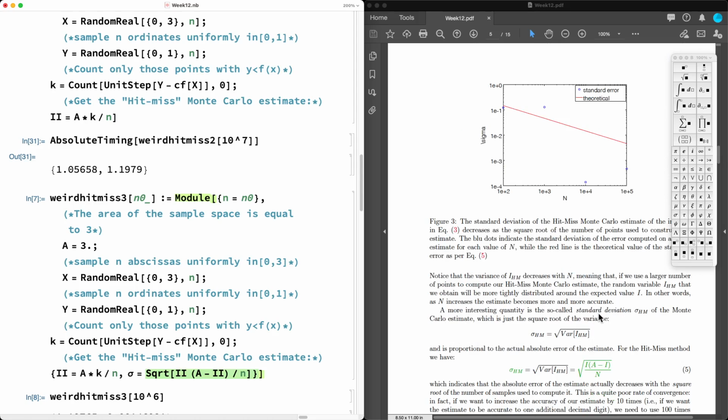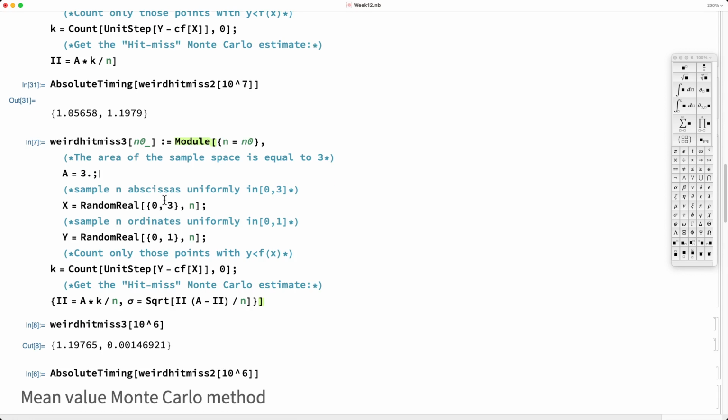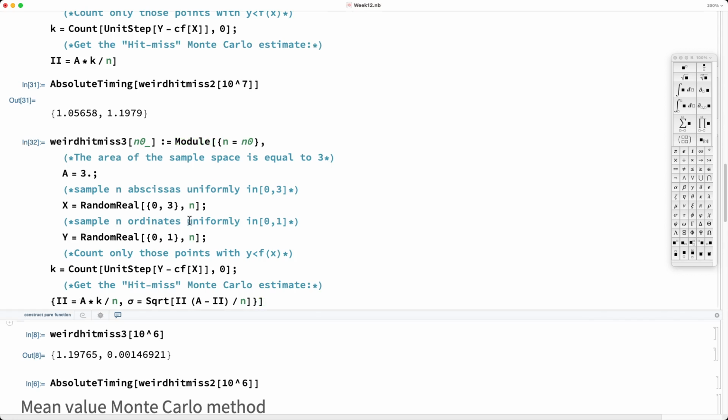So sigma is the standard deviation, which is the square root of the variance. And I can ask this module to return both the mean value and the variance inside a list. So if we use these curly brackets to do that, let's execute that.